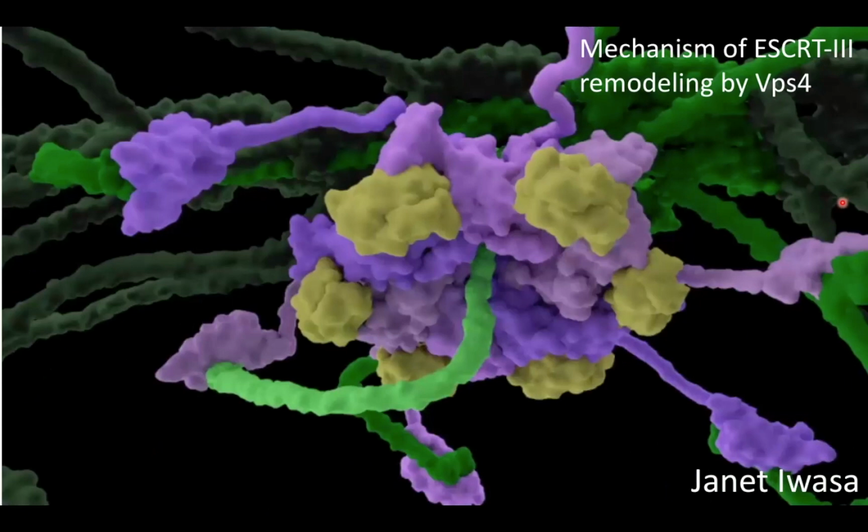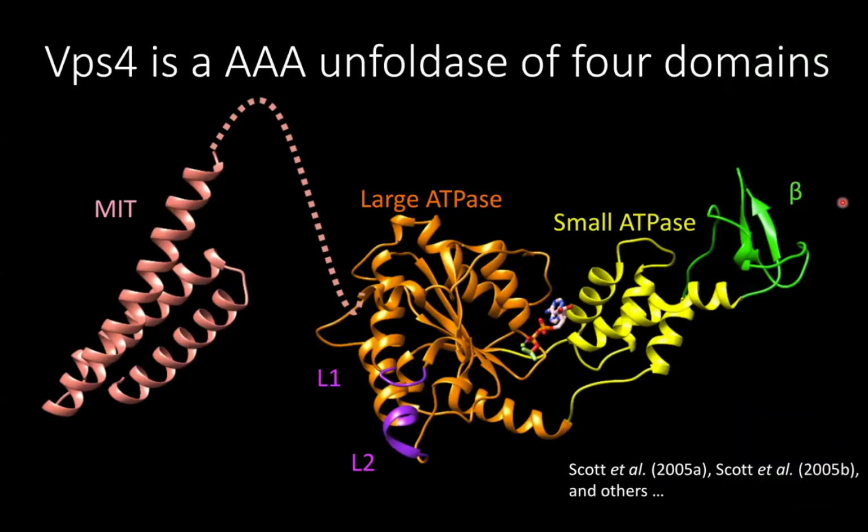But before I do that, I want to emphasize that we were working on this for a long time. Our first publications on VPS4 structure were actually back in 2005, and they included an NMR structure and a crystal structure of different domains. On the left-hand side, at the N-terminus, we have the 3 helix bundle, which is the MIT domain, and then there's a 40 residue linker that goes into the ATPase cassette.